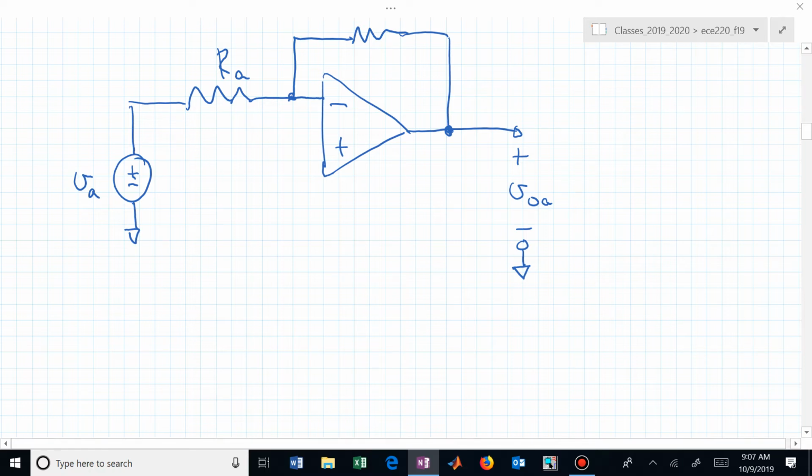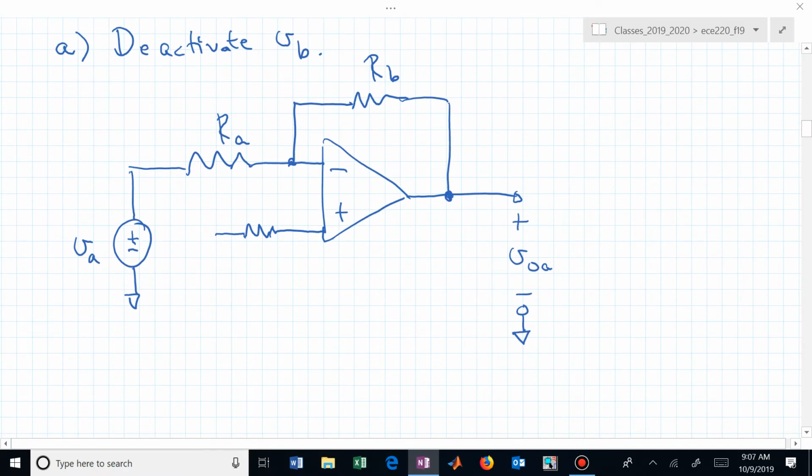We now had, this was R sub C, and now we said we can short out the voltage source, but we still had R sub D to worry about, or to keep track of.